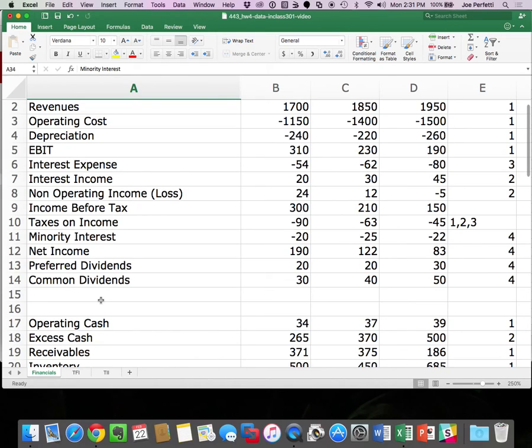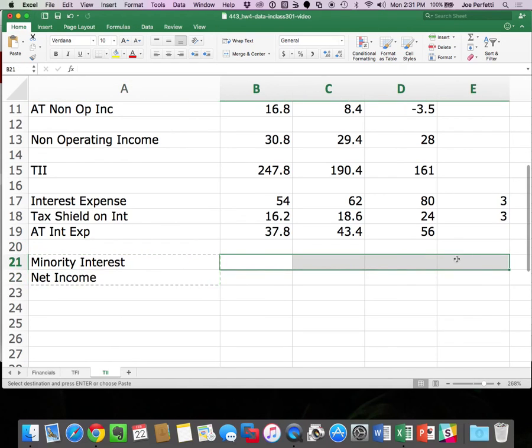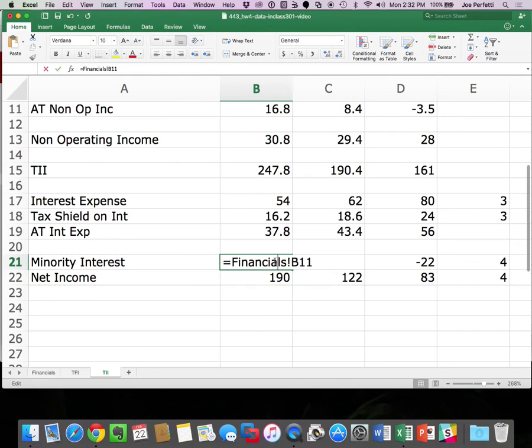Okay, so back to this. Minority interest is a distribution. So it is a positive number. Net income is what belongs to the shareholders, so it's also a positive number.